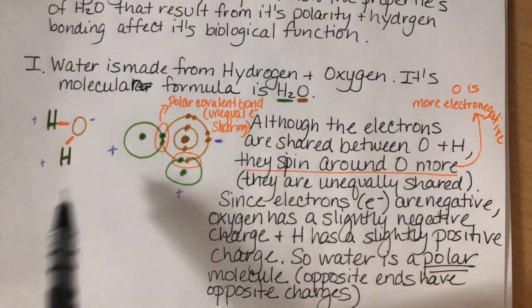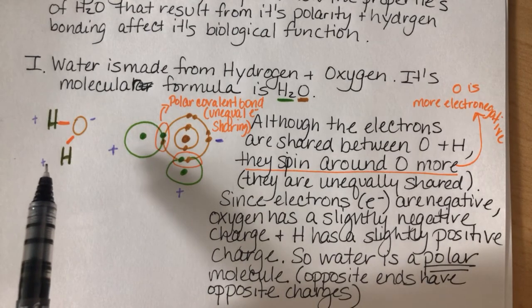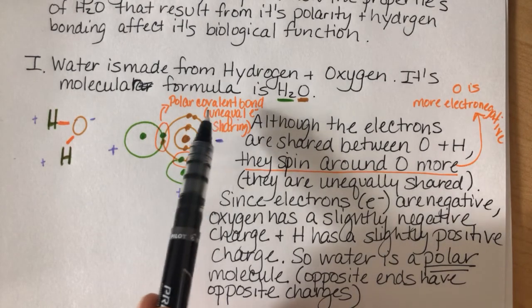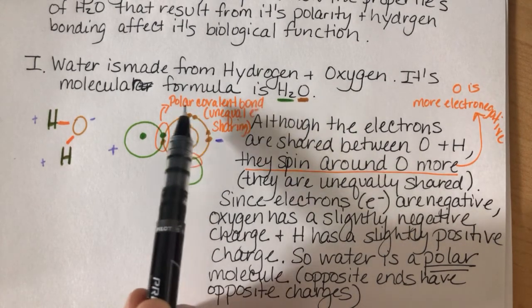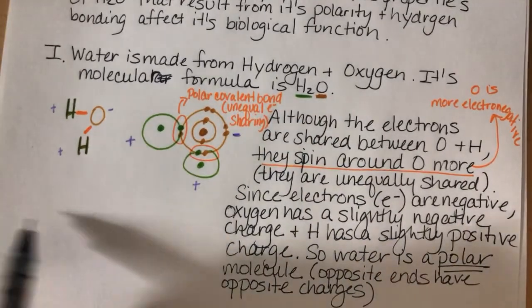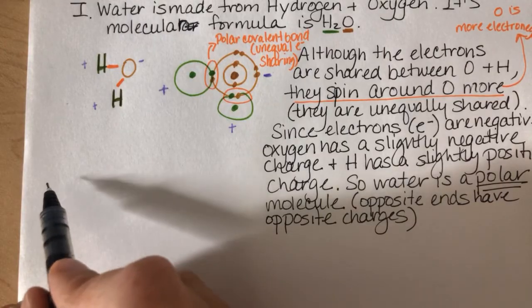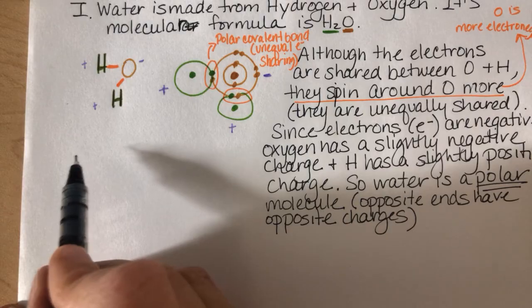I do want to point out real quickly what it means if you don't have a polar covalent bond. The opposite of a polar covalent bond is a non-polar covalent bond. So I'm just going to write over here just so that we can know, because again, non-polar things we'll talk about throughout the course as well.